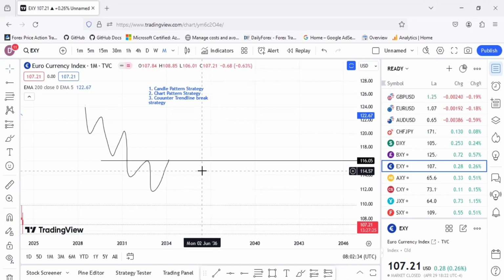Now we have a lot of candle patterns that we can use. But there are two major ones that I use. Those are the ones that I usually look out for in the market. There are so many of them.